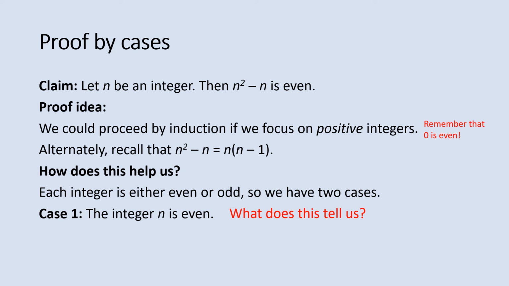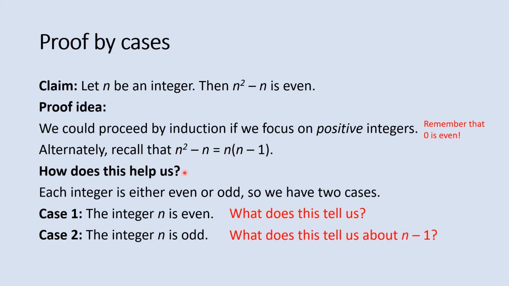and when we look at the integer n being even, what do we have? We have n squared minus n is equal to an even number times something else. An even number has a factor of 2, which means n squared minus n has a factor of 2. So if n is even, then n squared minus n is even. Case 2 is the integer n is odd, and when we look at that, n is odd. What does that mean about n minus 1?